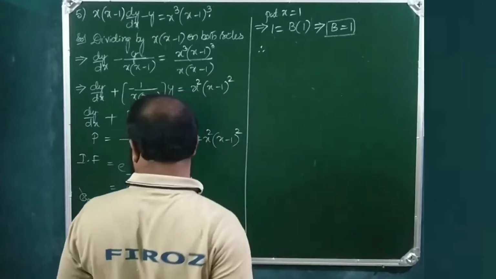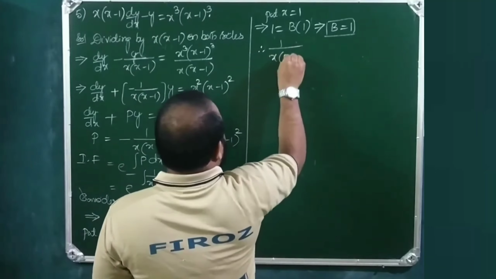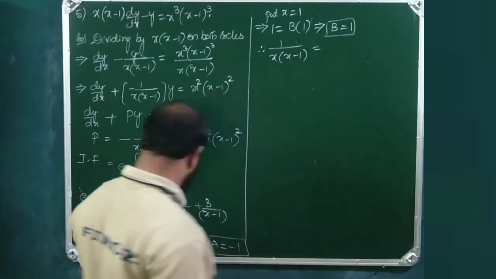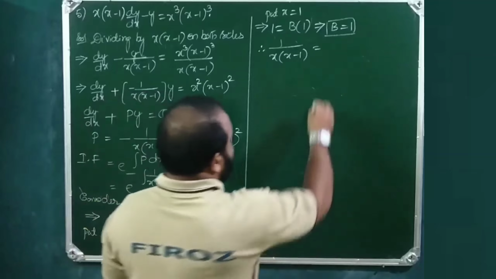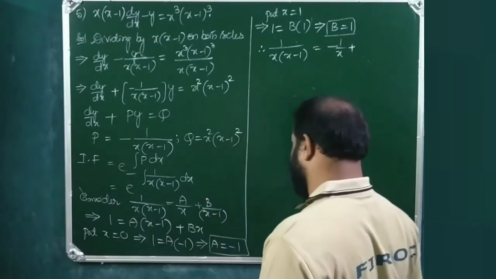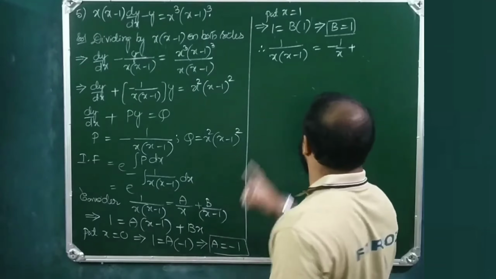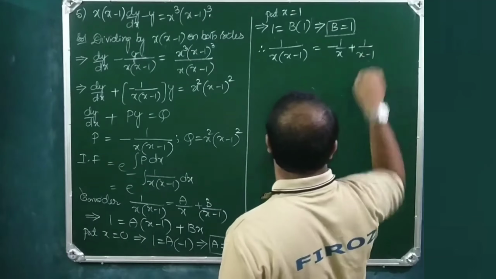Therefore 1 by x into x minus 1 is equal to the value of a, minus 1 by x, plus the value of b, 1 by x minus 1.